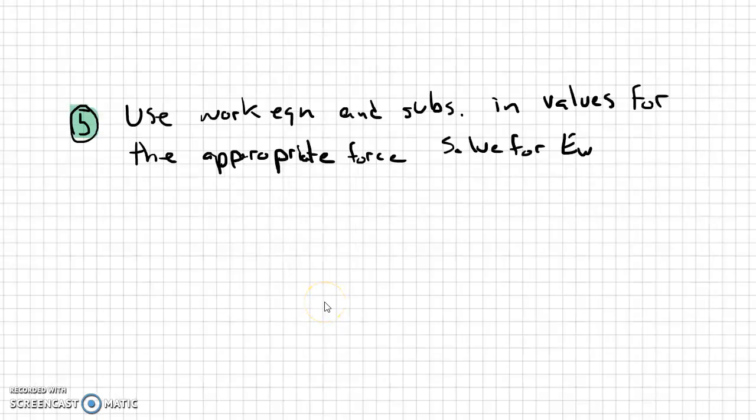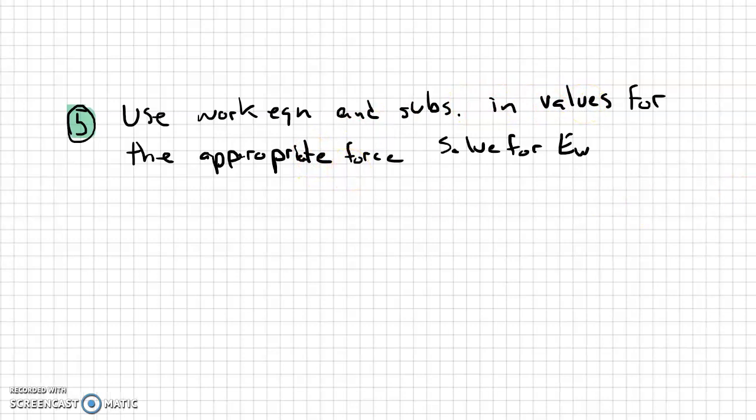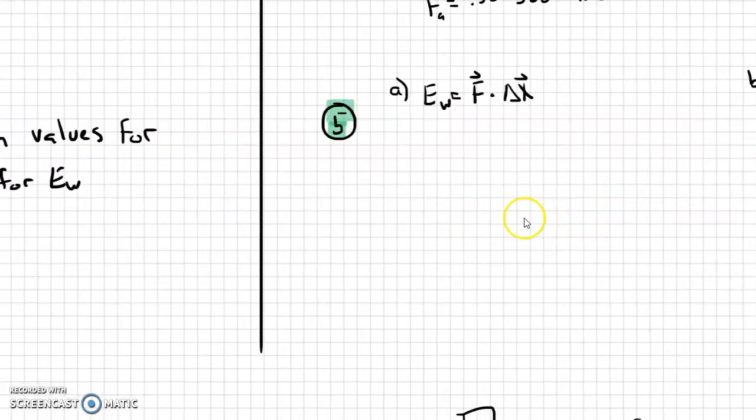So here we are. This should be the last step. We can use the work equation that we're familiar with. Work equals force times the distance, or force times the displacement. We're just going to substitute in the values for the appropriate force. So let's go over and try that.